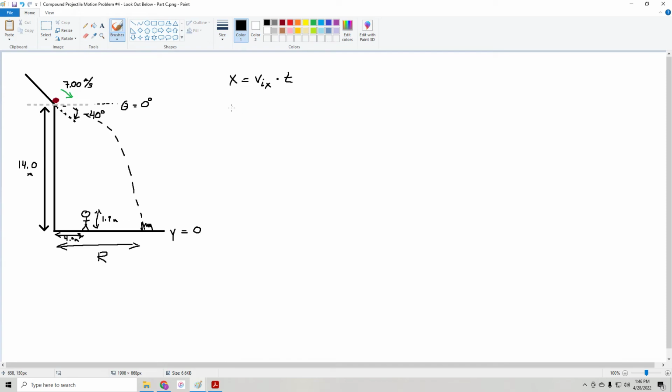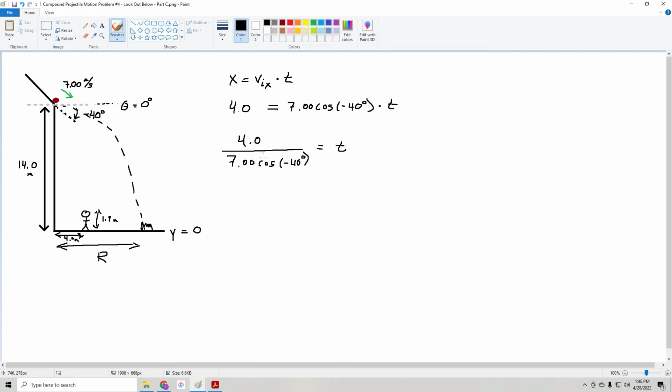The x is 4.0 meters, and the initial x component of the velocity is 7.00 cosine negative 40, multiplied by time. So t equals 4 divided by 7.00 cosine negative 40. I'm not going to plug this into a calculator. I'll just leave this for now.